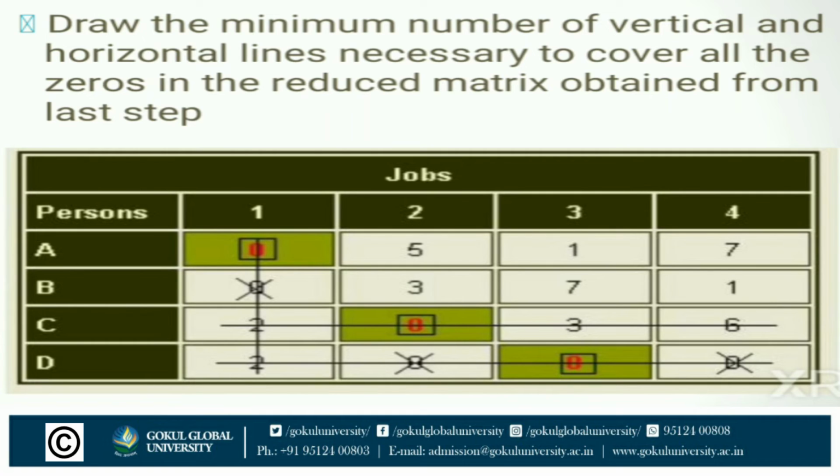The next step is drawing the minimum number of vertical and horizontal lines necessary to cover all zeros in the matrix obtained from the last step.